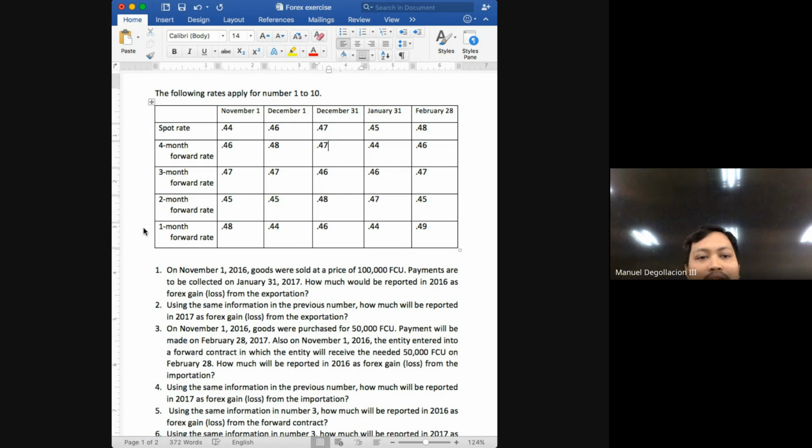It does not automatically mean that you're buying something from outside the country or selling something to another country that we will be accounting for them as a foreign currency transaction. The keyword here, class, is denomination. The transaction must be denominated in foreign currency. The price that you will have to pay or the price that you will be collecting must be in a foreign currency for our discussion today to be applicable.